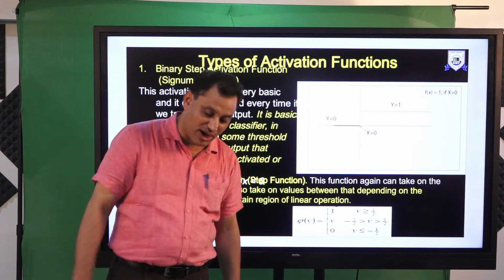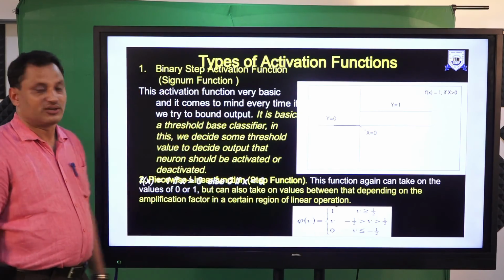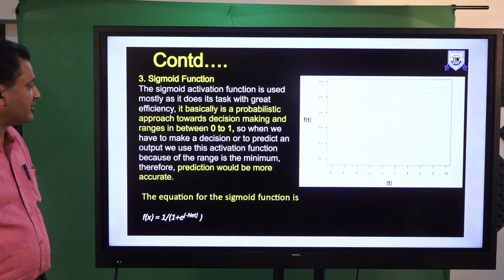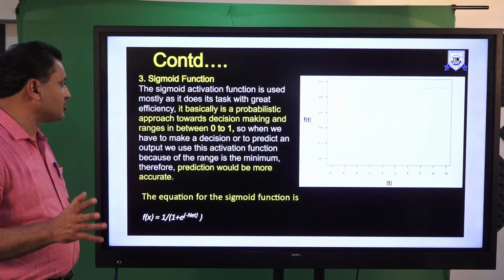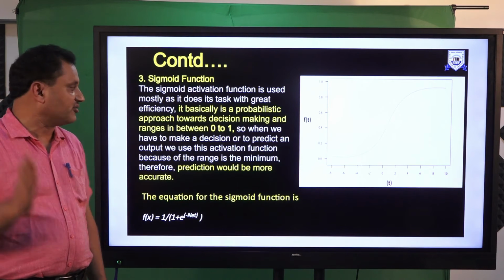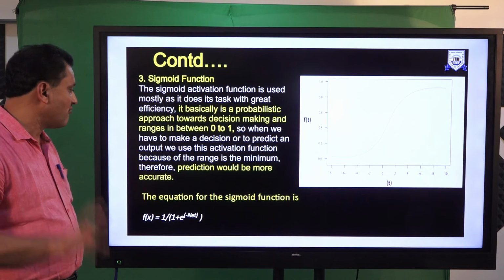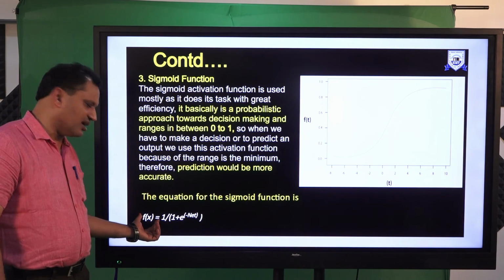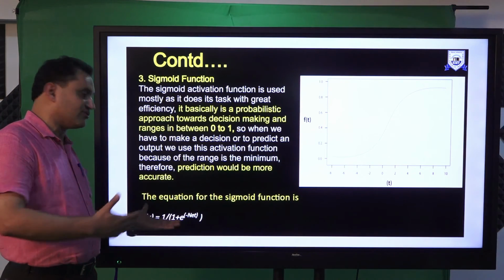You learned piecewise functions while studying calculus. This function is a probabilistic approach which helps us take decisions in a probabilistic manner, with ranges between 0 and 1. The equation of this function is this one. When we take a numerical problem, we will apply this function.